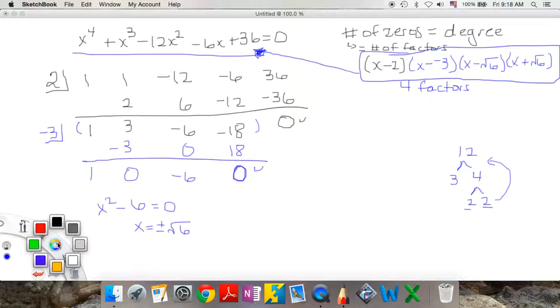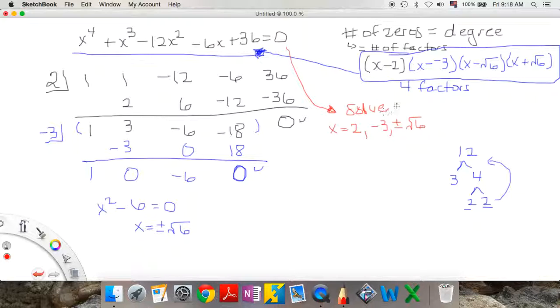And what that means is, to solve this equation, we set each one of these equal to 0, and we have x is 2, -3, and plus or minus the square root of 6. So solving for the zeros and finding the factors are all wrapped up in each other. Hopefully that helps given those things.